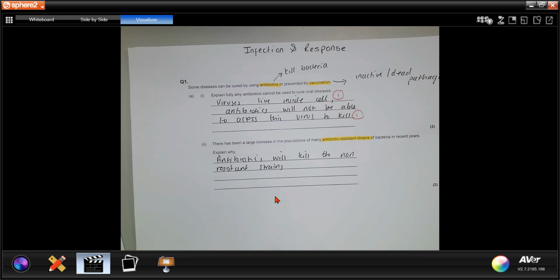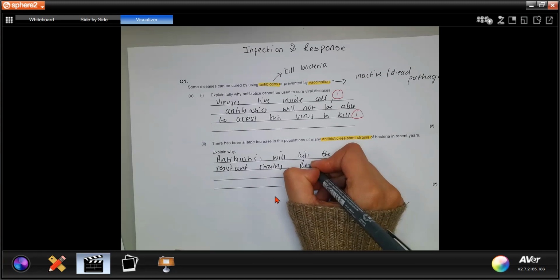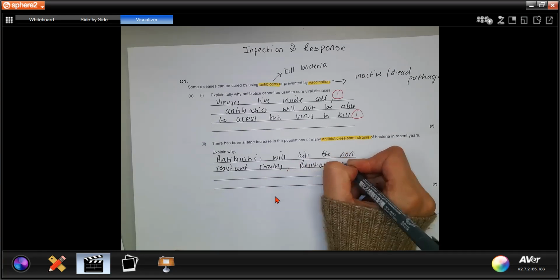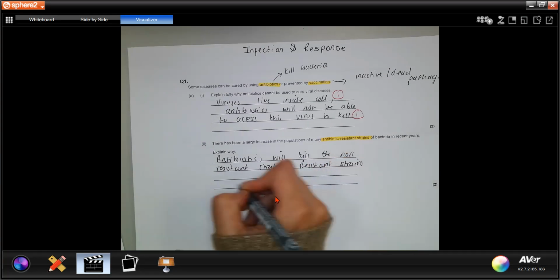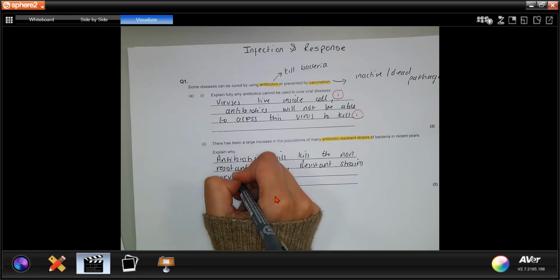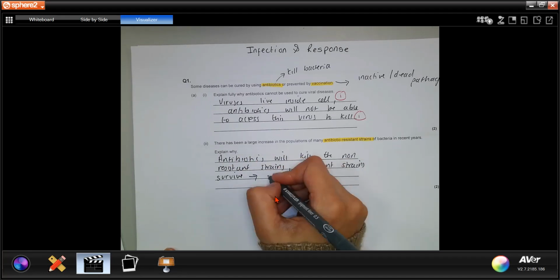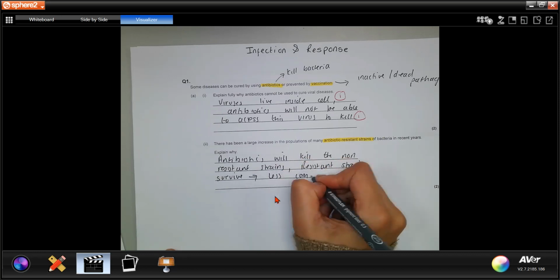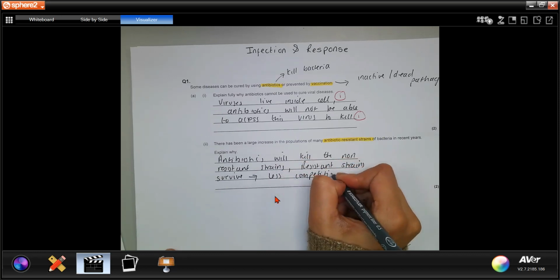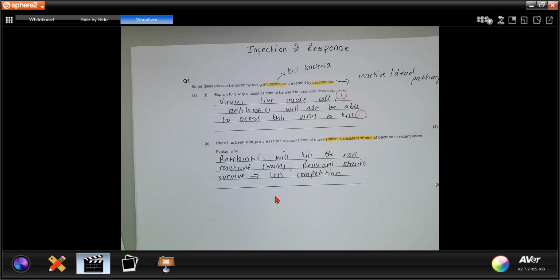When they do die, this means that the resistant strains survive. As they survive, these strains now have less competition. There is less of them, and they've already got this advantage. There is less competition for them.